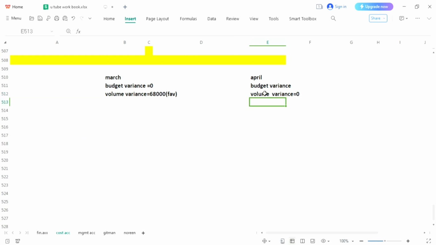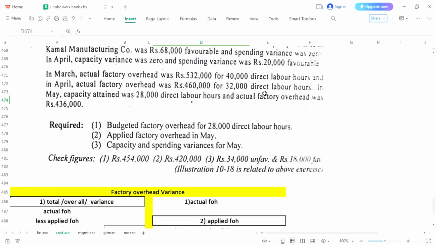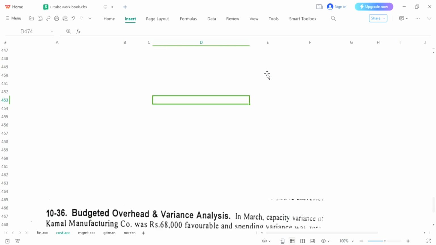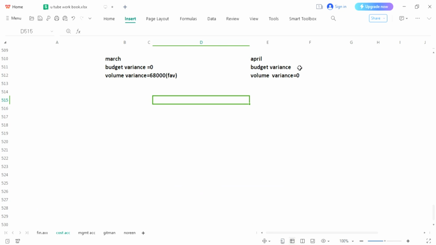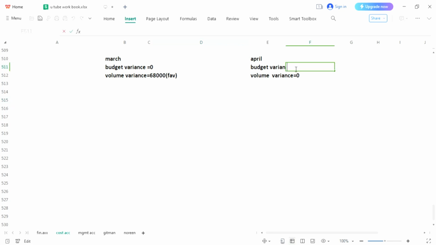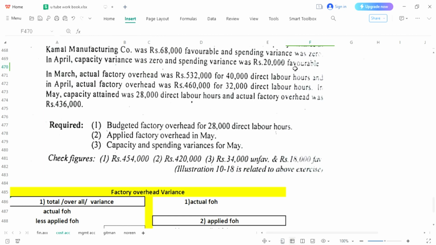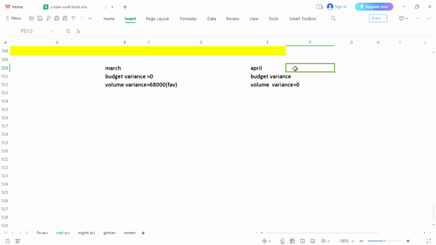Note it down. Spending variance was 20,000 favorable. So in April, spending variance means budget variance, and we write 20,000, which is favorable.